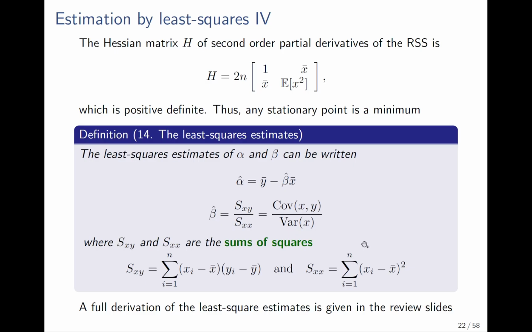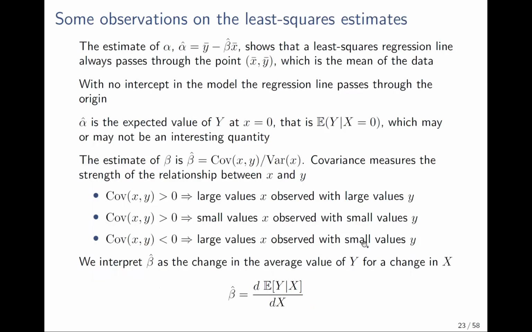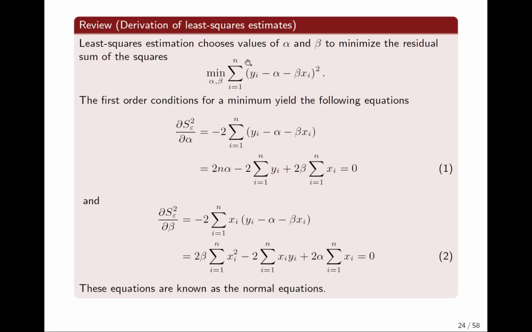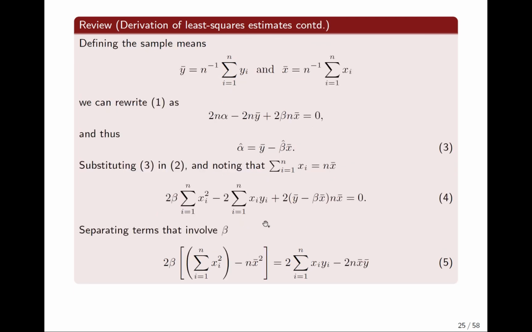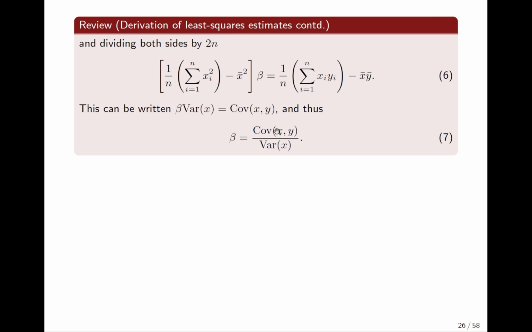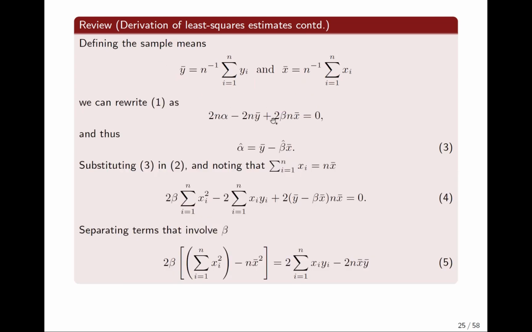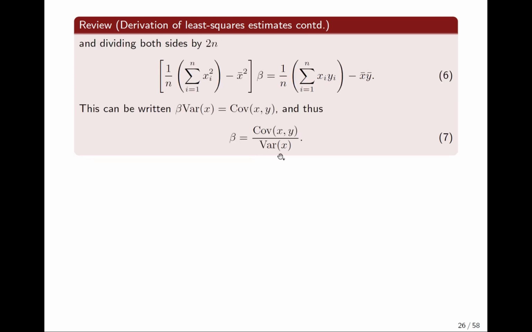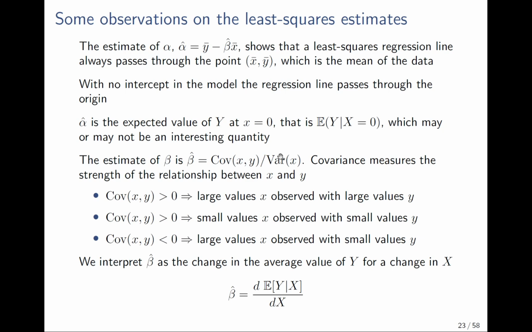A full derivation of the least squares estimates is given in the review slide. So in your own time, please follow this calculus and algebra through, and that will explain precisely how we get to the estimate of alpha and the estimate of beta. We don't need to do it now.